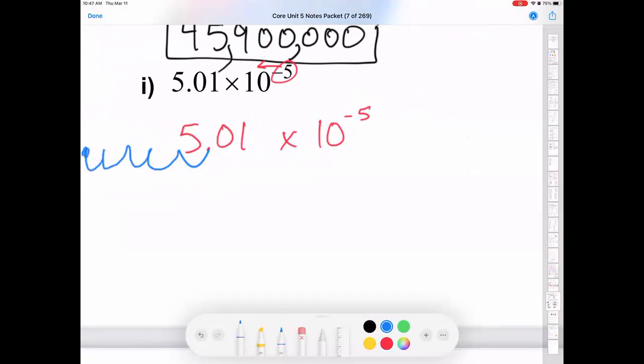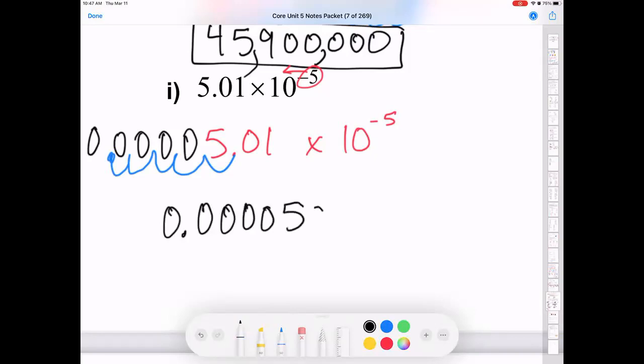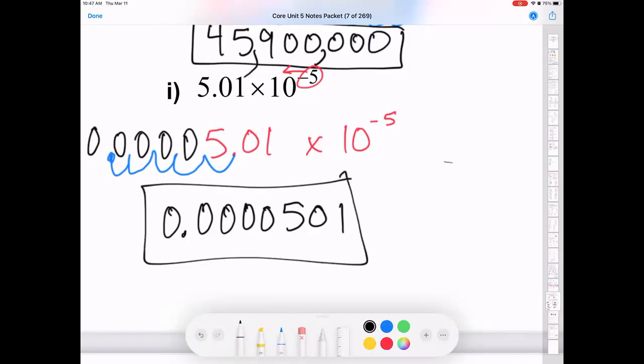And then anywhere we see those bumps, throw in the zeros. And then a 0 out in front of the decimal, like that. We have 0.00000501. Yes, you do need that 1 at the end. Okay, and so that would be our final solution there.